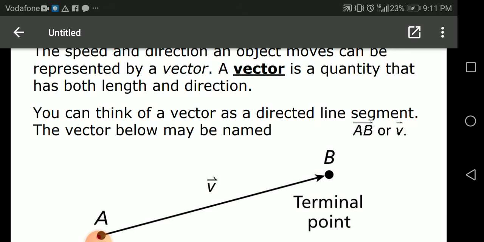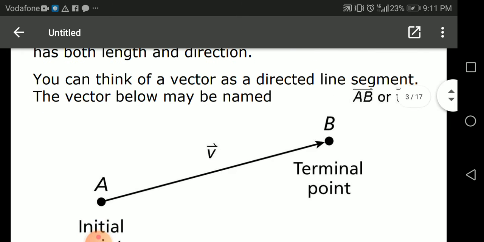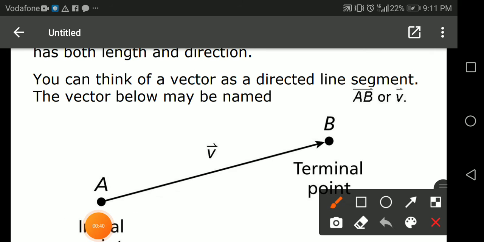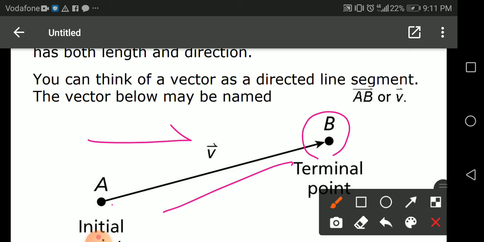So let's start. You can think of a vector as a directed line segment, a line segment with a direction. The vector below may be named as vector AB, and this is the sign of the vector.